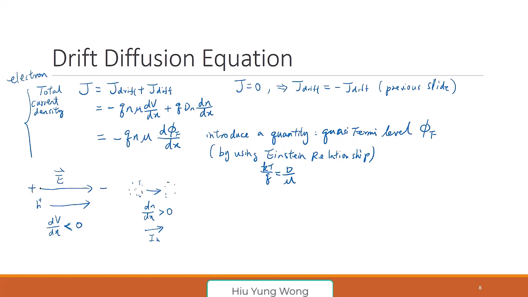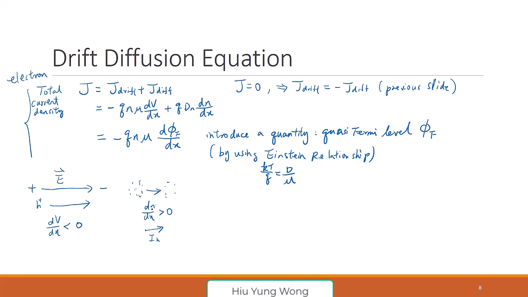This is negative. The hole goes from here to here. So dV/dx has to be larger than 0. I mean, dV/dx is smaller than 0. Oh, okay, so I'm right here. I'm wrong here.